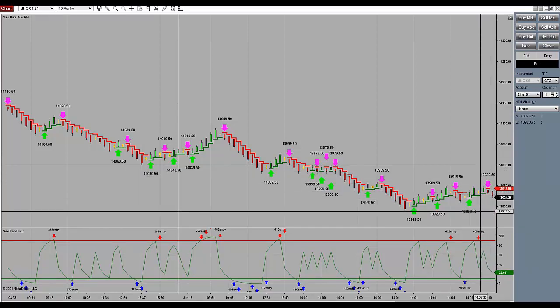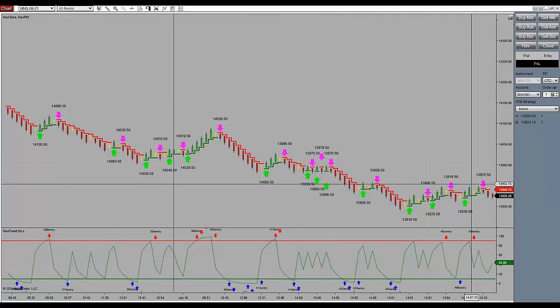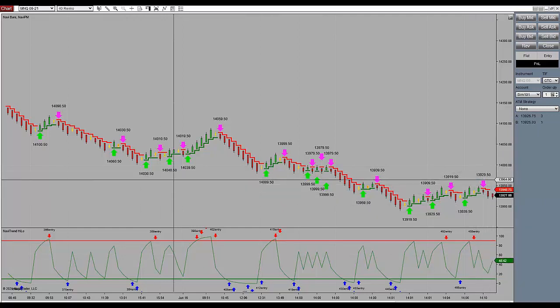We broke below the consolidation and we're moving down. All right, so consolidated, move lower. We'll get a new area of consolidation and break above or below that new consolidation.